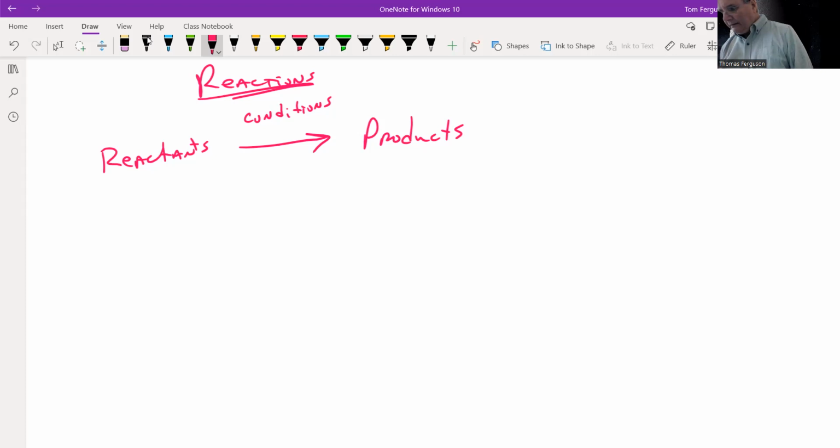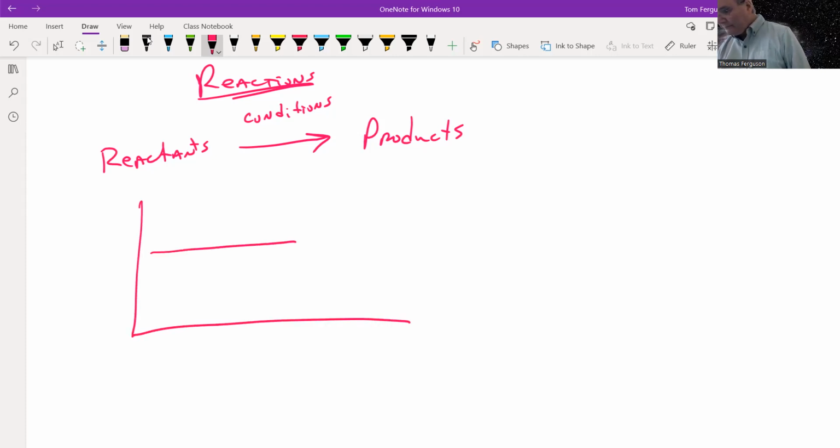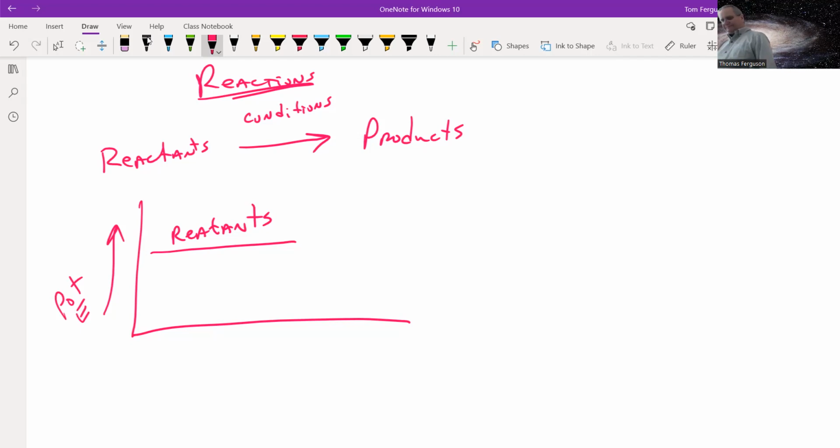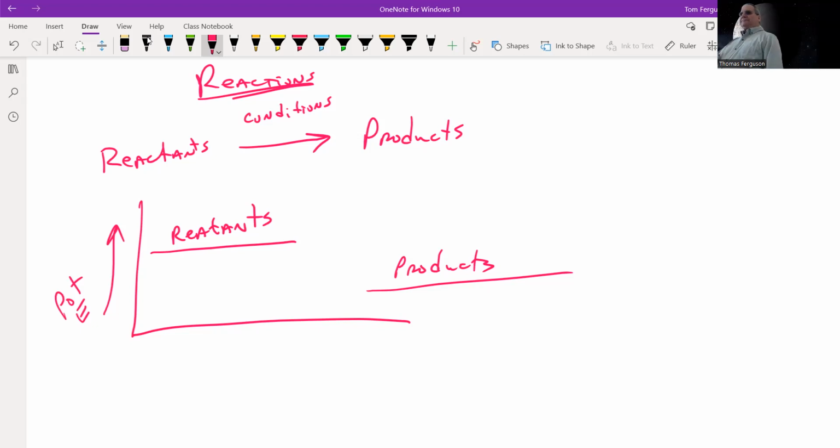Now, if we look at a graph of potential energy, and we start with reactants, the reactants are going to have a certain amount of potential energy. Products are going to have a certain amount of potential energy, lower than reactants.